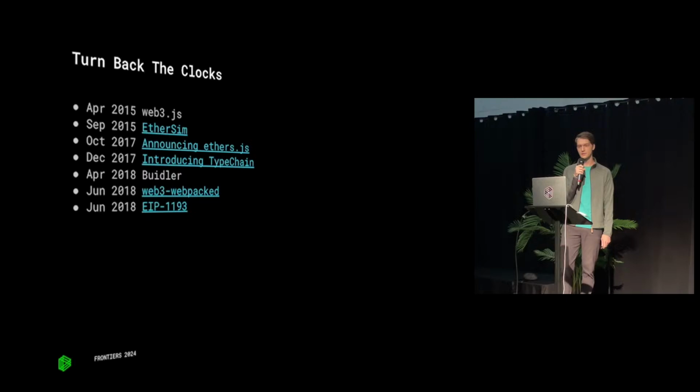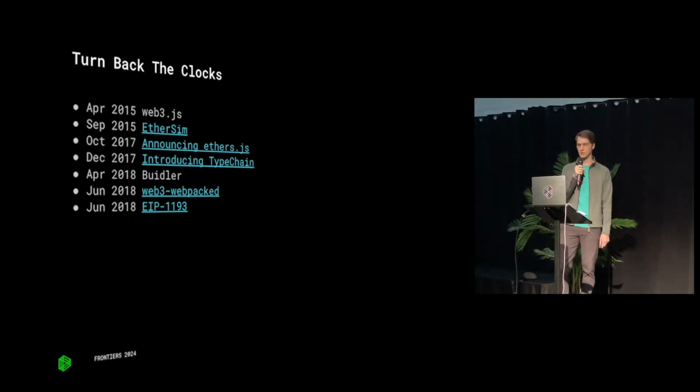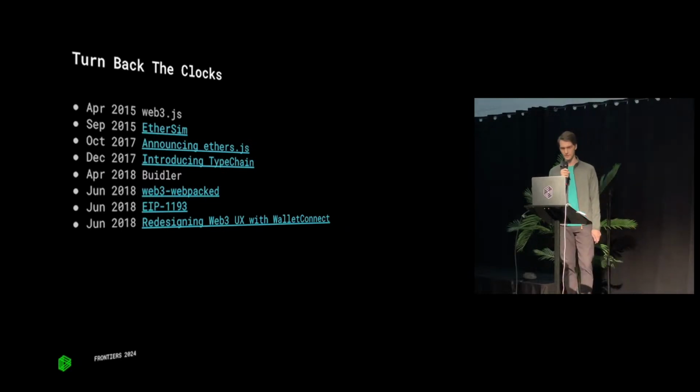And a lot of this, I guess the order of this, they came out around the same time, but EIP 1193 was really important along this journey because it took this chaos of people shoving providers onto window.ethereum and standardized what an Ethereum provider API could look like, which then allows people to build a lot more cool things like Wallet Connect, which came out around the same time.